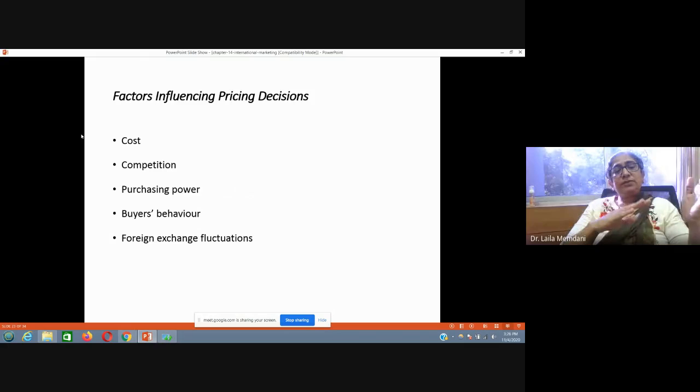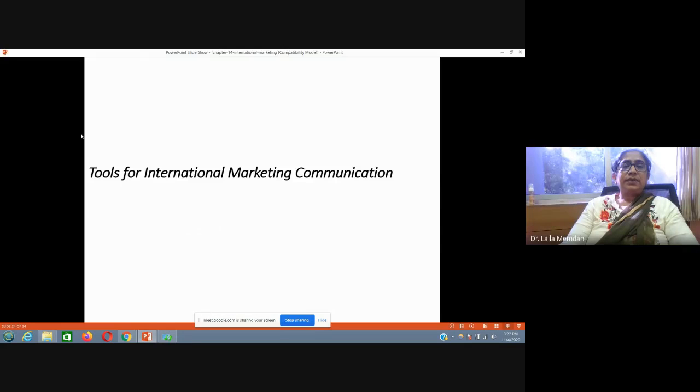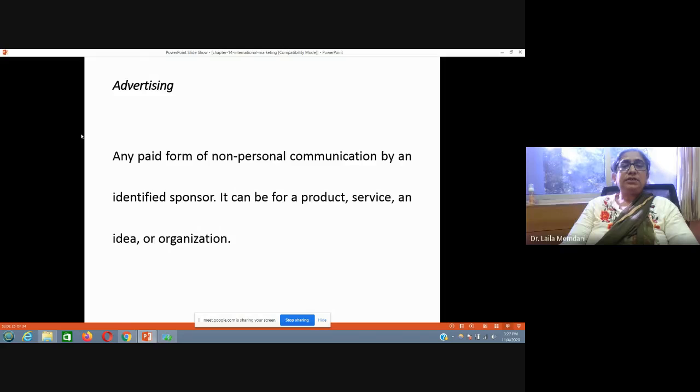So if there are frequent ups and downs, foreign exchange fluctuations, then companies look into this also, whether they are expected to fall, whether they are expected to rise, and then quote their price. Tools for international marketing communication: advertising, any paid form of non-personal communication by an identified sponsor.